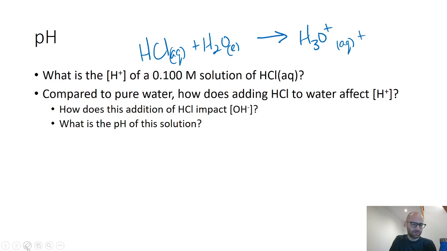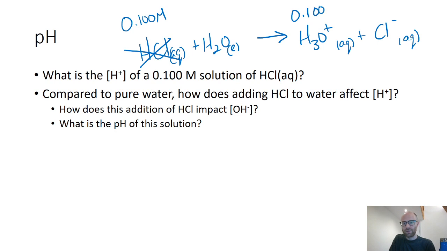Okay, Cl minus. So in a 0.100 molar solution, HCl doesn't really exist because it's a one-way process. That means this concentration is 0.100 molar and 0.100 molar.